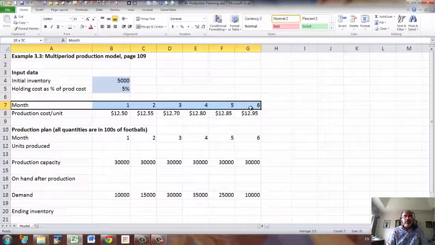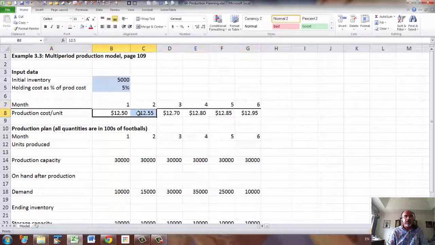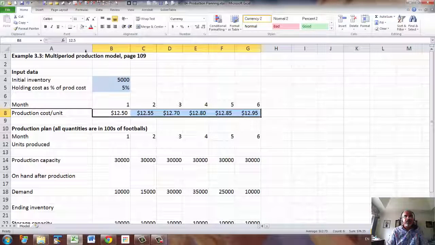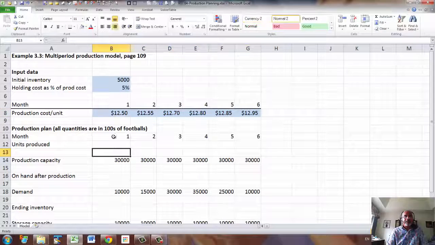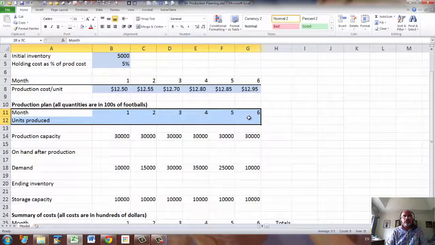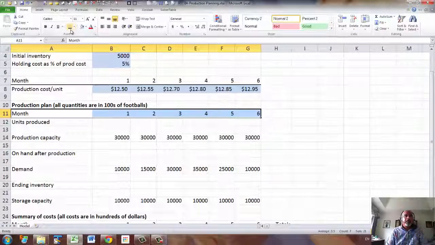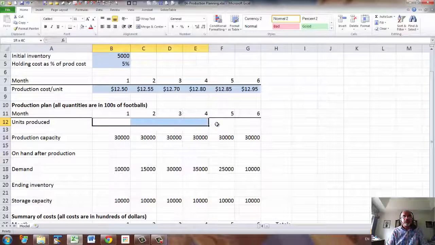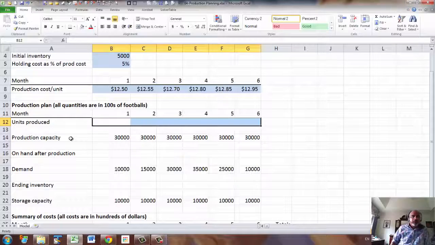Now here the months 1 through 6, I'm going to put an underline or borderline, and these are the production costs. That's given input. Now what we want to do is to determine how many units we have to produce of these products, which is footballs in hundreds of units.